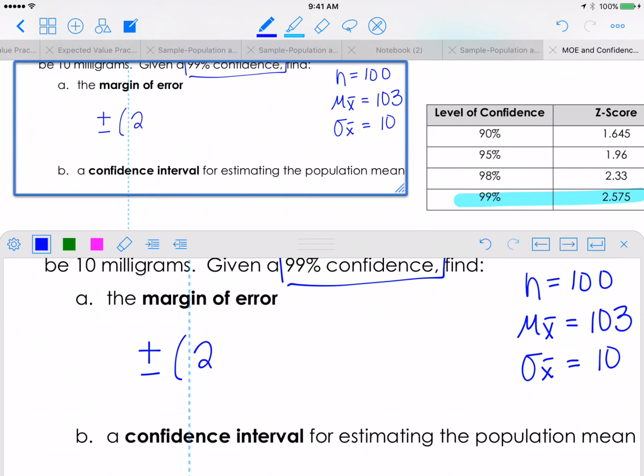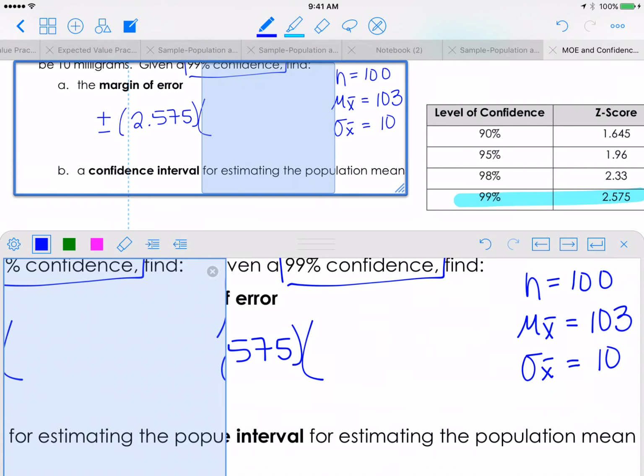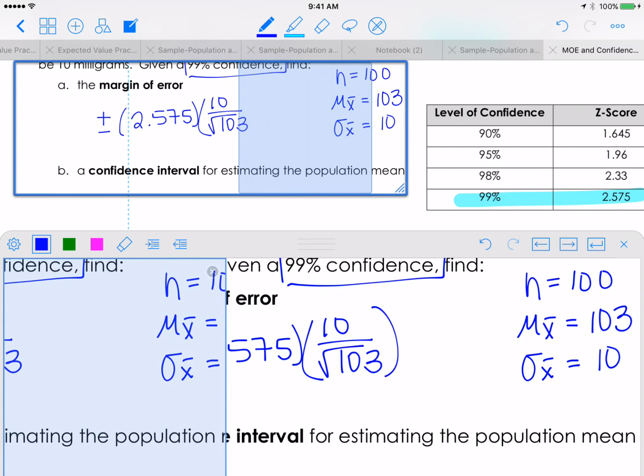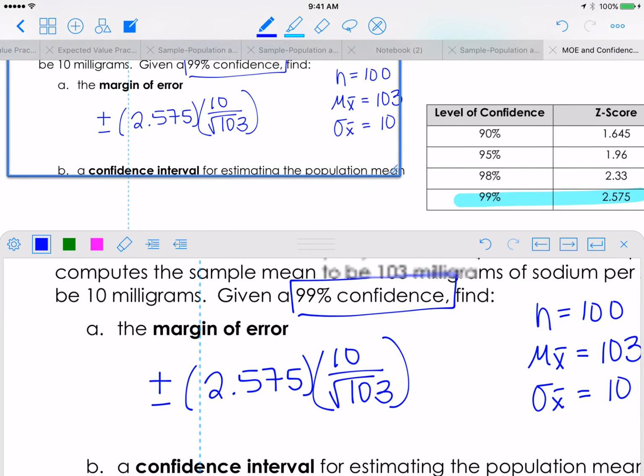So we get the 2.575 and we multiply that by your sample standard deviation divided by the square root of n, which is 100.